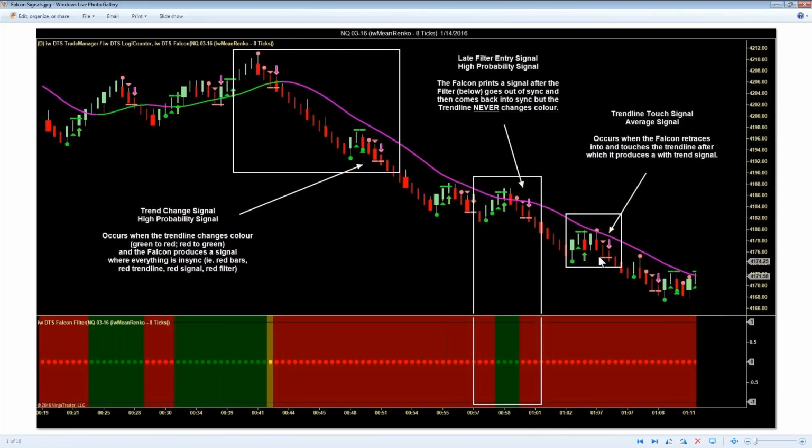And then we have our basic trend line touch signal, which is essentially like a bull flag or a bear flag, where the market retreats into the trend line. Trend line does not change color. The falcon bounces the market lower, produces a signal, but everything is in sync.